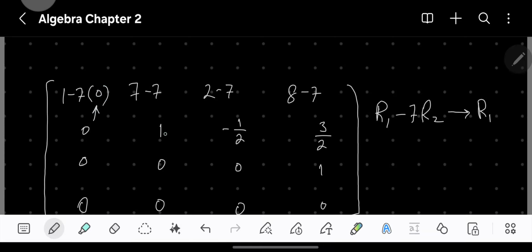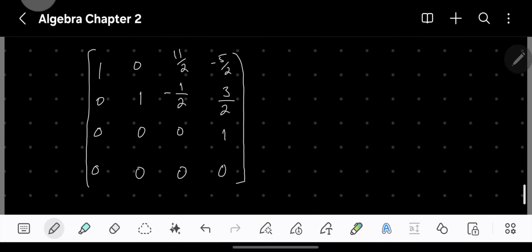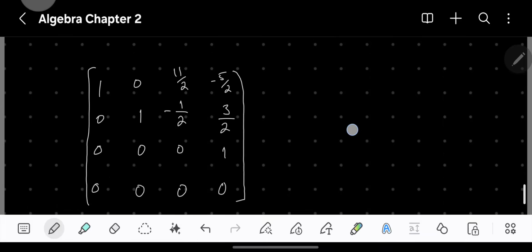R2 is 0 here, R2 is 1 here, R2 is minus 1 by 2 here, and R2 is 3 by 2 here. If I simplify, I will get this matrix. Now everything above and below this pivot is 0.